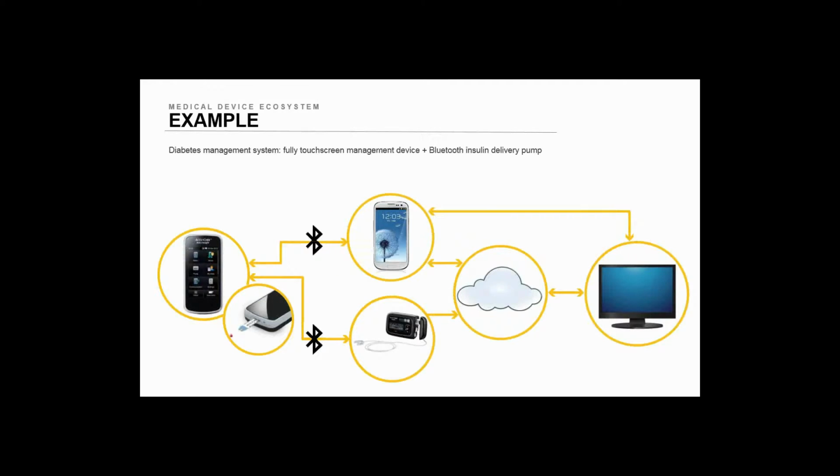So here's a great example of a very intelligent, advanced glucose meter that has the ability to check your glucose with a disposable strip, as well as track your diet and some other things that it's sensing. It has a Bluetooth connection to a smartphone, but it also has a Bluetooth connection to an ambulatory infusion pump.